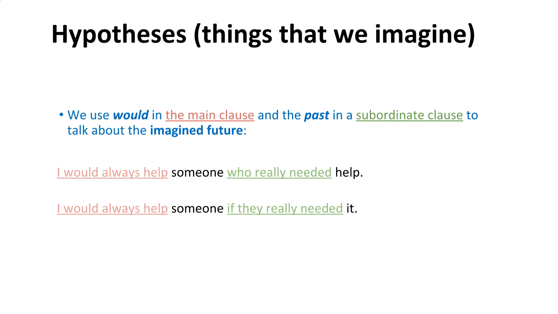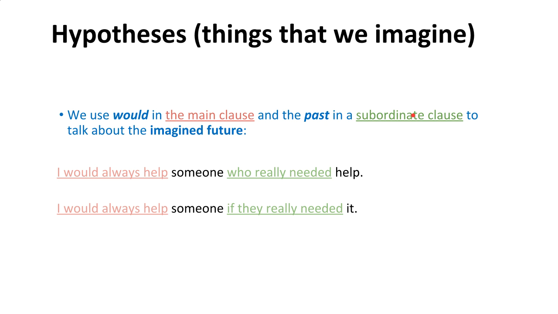Next example. We use would in the main clause. I hope you know the main clause is a clause which is independent. So you use would in the main clause. For example, I would always help. And the past in a subordinate clause to talk about the imagined future.